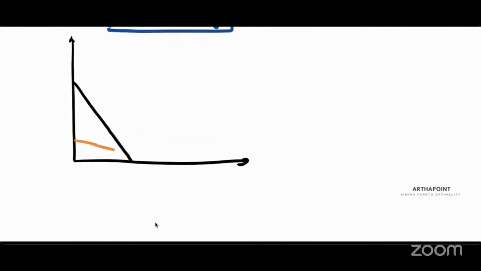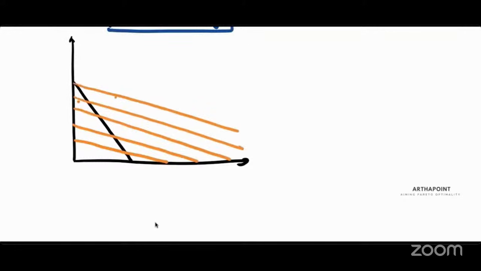So this is my indifference curve. Is this the highest indifference curve? No. I can go higher, higher, till I reach this point. This is the highest indifference curve which is within my budget.